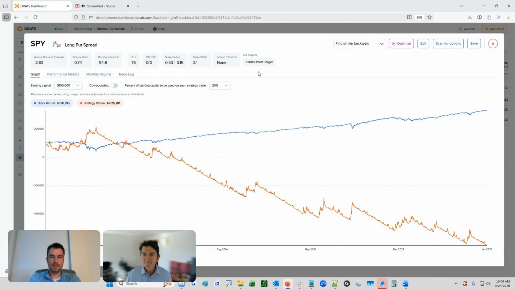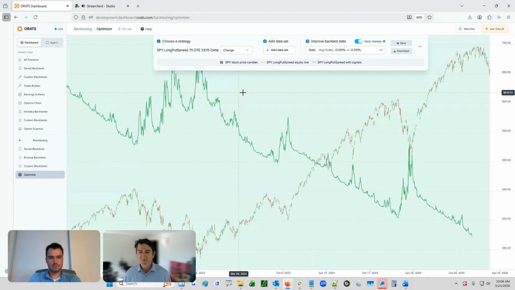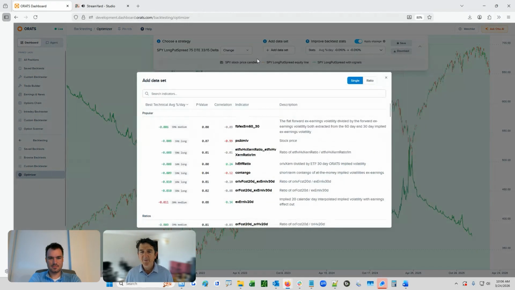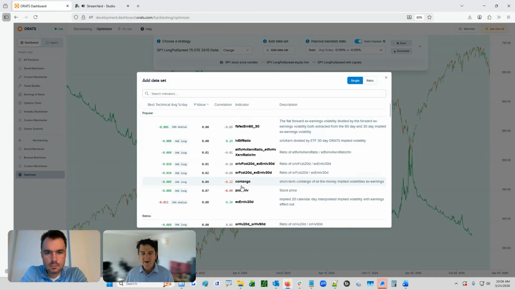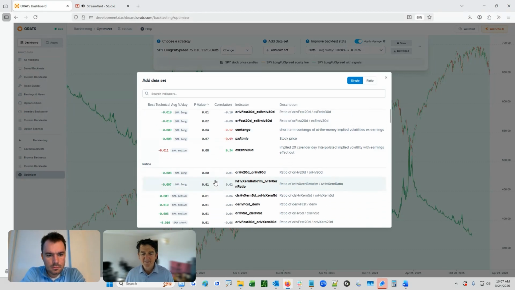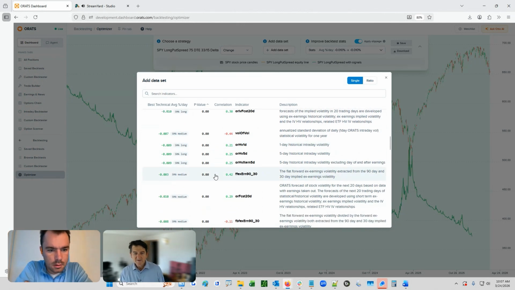Yeah. So let's optimize this. It may or may not work the way I want it to work, but we'll see. When you optimize, you add a data set. I usually sort on p-value. I usually like to see something that makes sense, that's simple, like a volatility type thing here, forecasts of volatility.